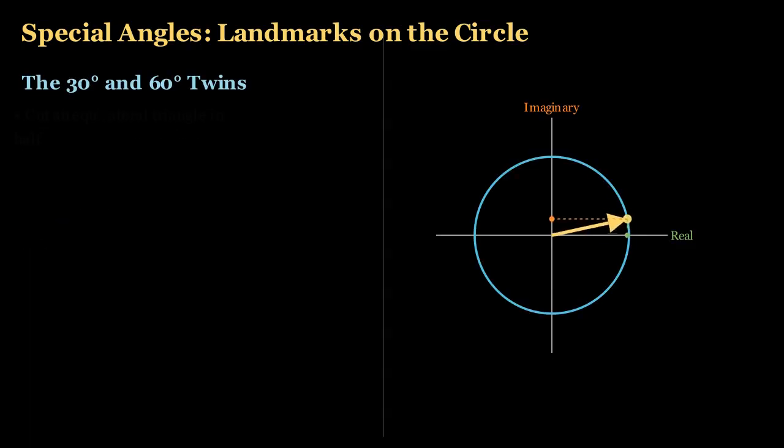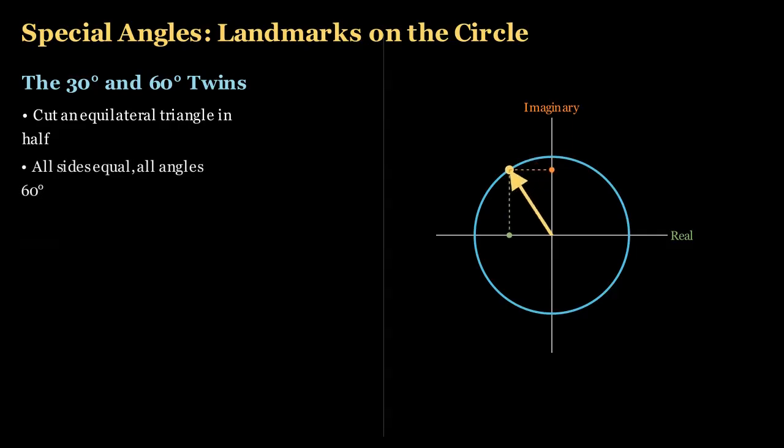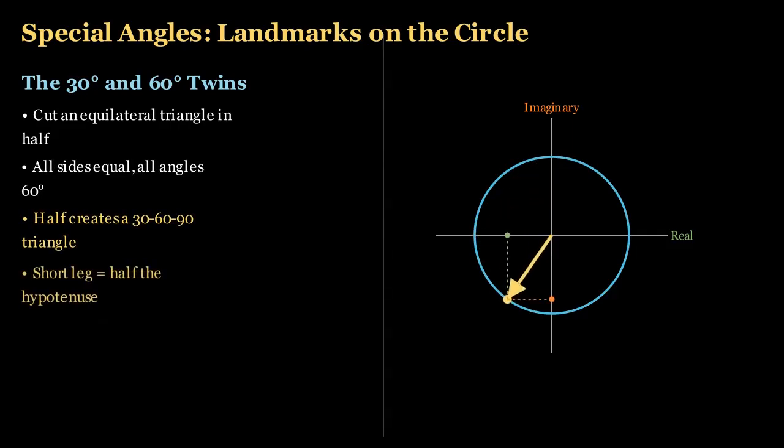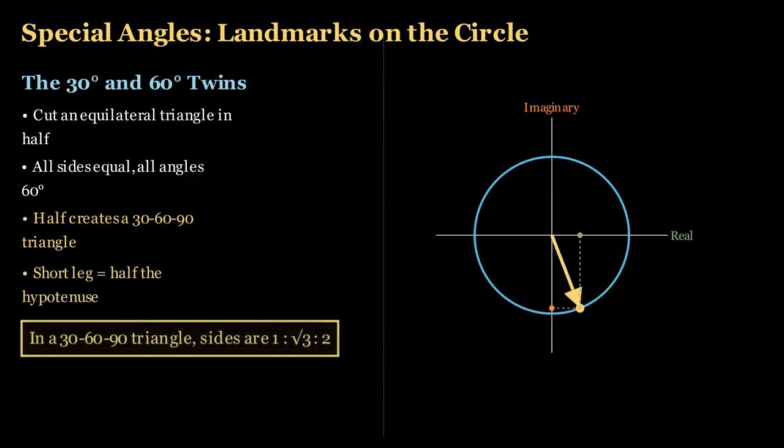For 30 degrees and 60 degrees, we start with an equilateral triangle, all sides equal, all angles 60 degrees. Slicing it down the middle gives a 30-60-90 triangle. The short leg opposite 30 degrees is exactly half the hypotenuse, so when the hypotenuse is 1, that leg is 1/2.